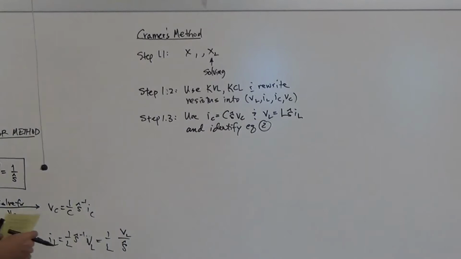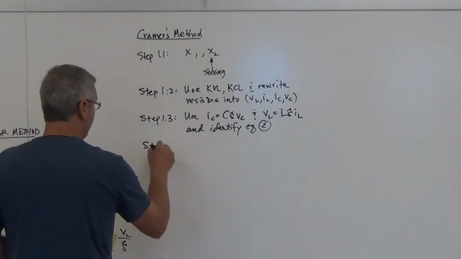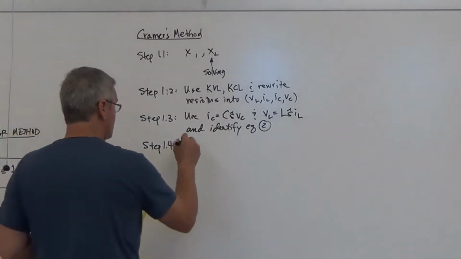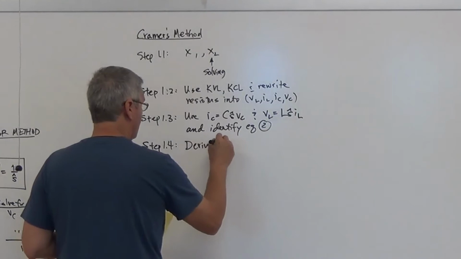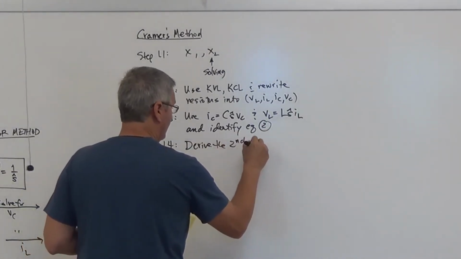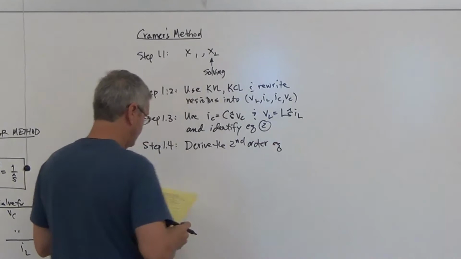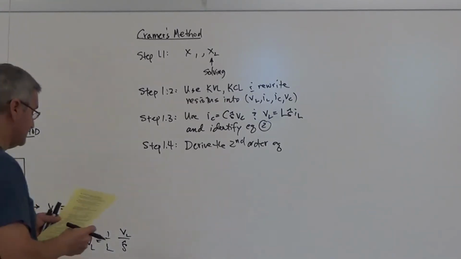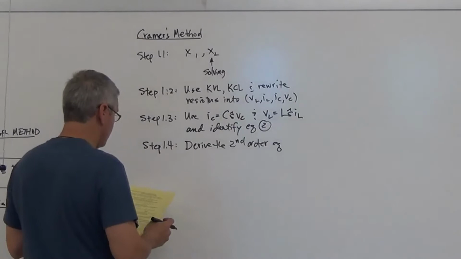And then here's where it really changes. You get to step 4, and what you're going to see is that we want to derive now the second order equation. Steps 1 through 3 have generated 2 equations and 2 unknowns. When you look at this, you're going to get something like this.